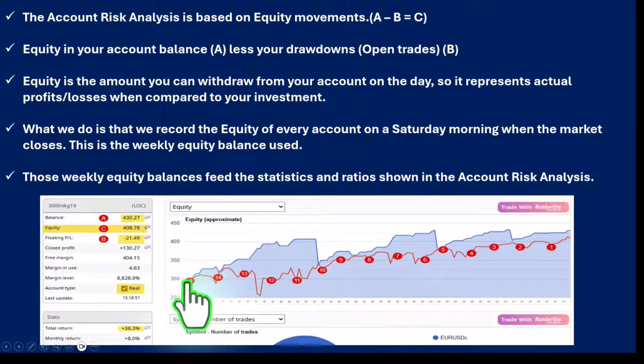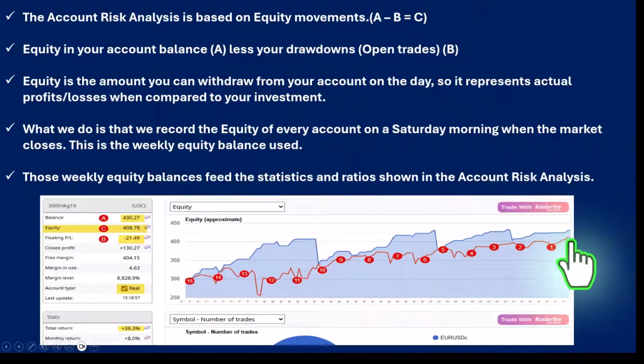In this particular account, you can see the balance goes up, the equity goes down, but they meet every now and then. So this is quite a unique strategy that is being used here, and you can see that the equity and balances are a lot closer together here than they were further on.